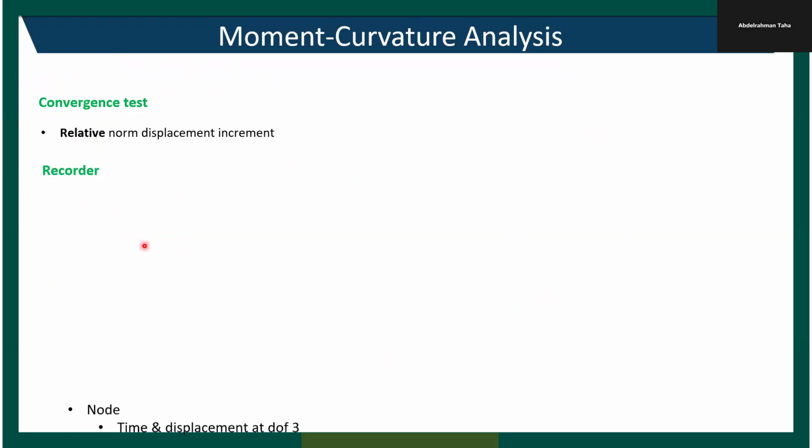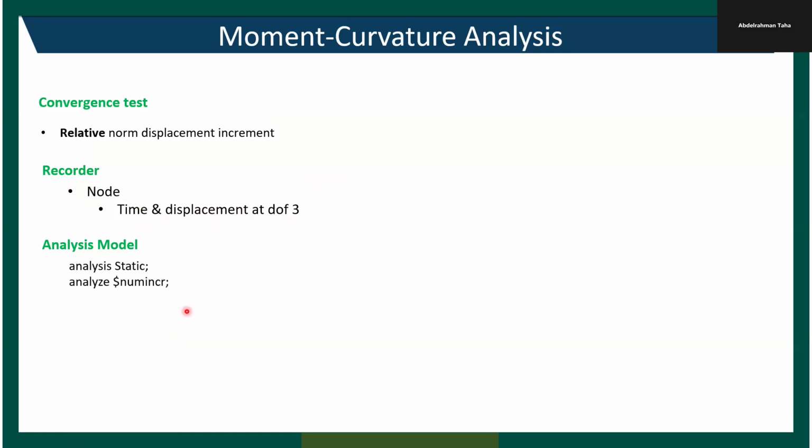And then we define the recorder. Basically, with the recorder here, we're trying to record the response of node 2 at degree of freedom number 3. So this is what we do here, the time and displacement at degree of freedom 3 of node number 2. And then once we're done with this, we can define the analysis commands.